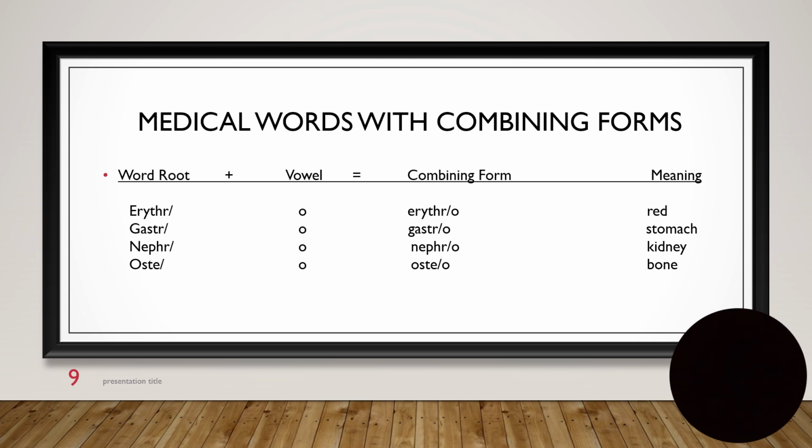And we have oste with the combining vowel O, osteo, and osteo means bone. Further on in these videos, I'll give you more detailed information on putting these words together, their full definition, and how to correctly pronounce them.